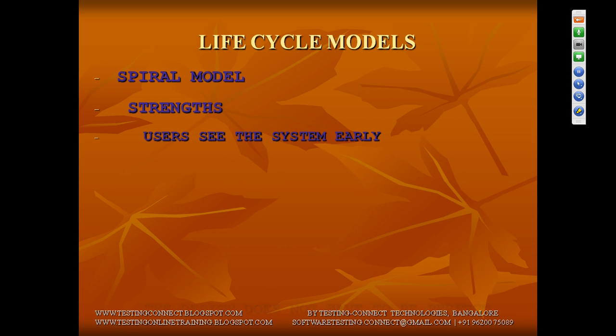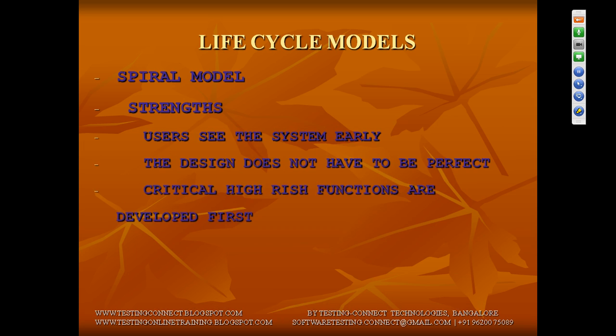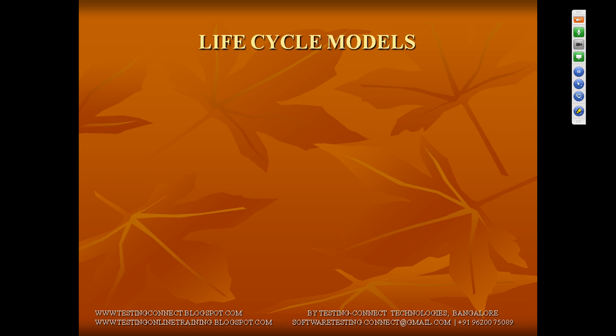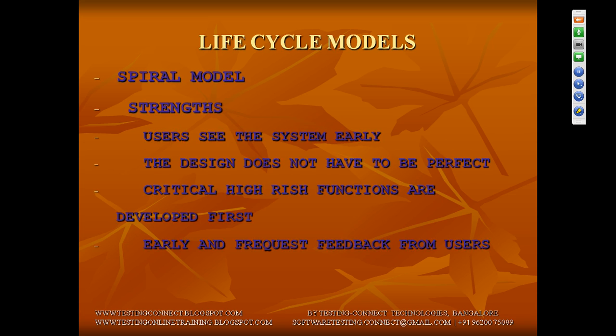What are the strengths? The major disadvantage of the waterfall model and V model is that only once the whole application gets ready will customers be able to see the application. Once he sees it, he may feel, oh, this is a very simple application, why have they taken this much time? You may get a very bad impression. Until they see which kind of issues we may face, they may not realize.